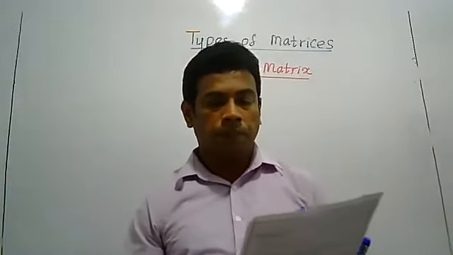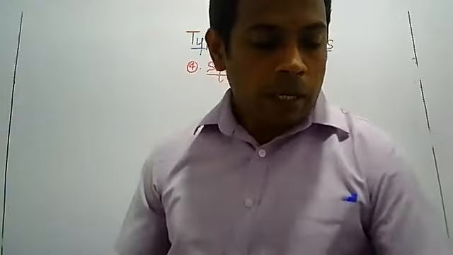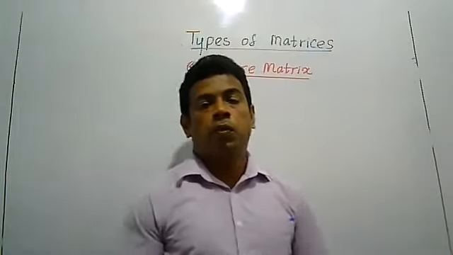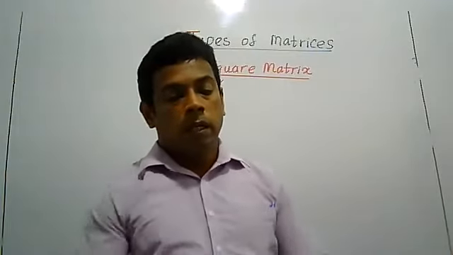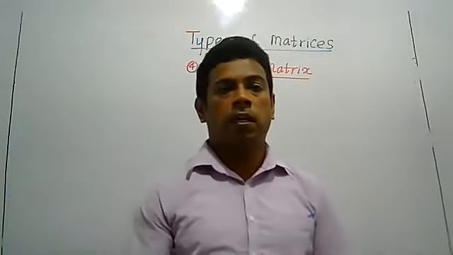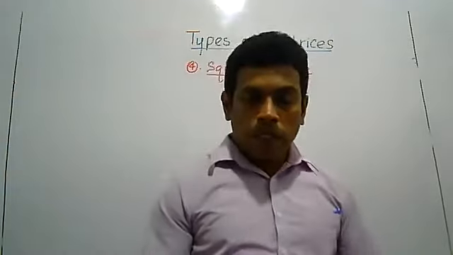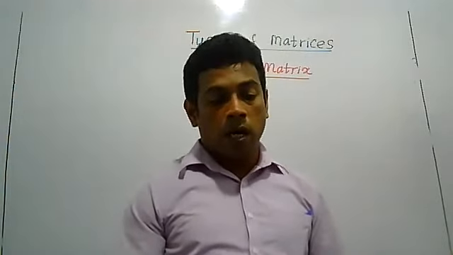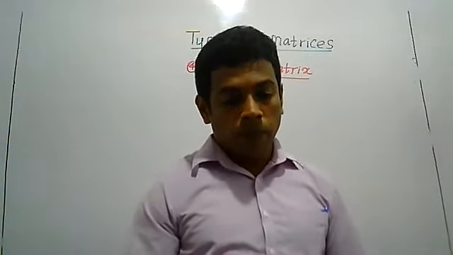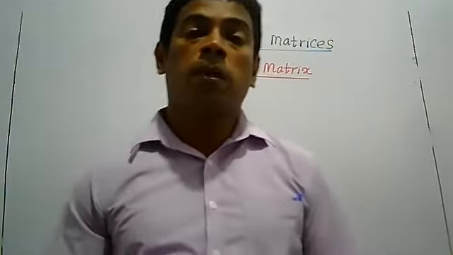Write the meaning of a square matrix. A matrix in which the number of rows is equal to the number of columns.